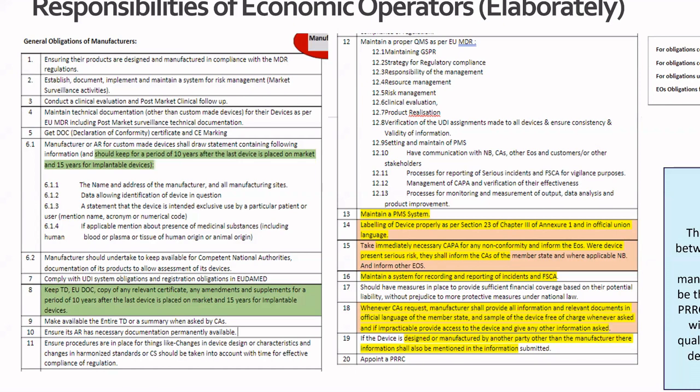Okay, if applicable, mention medicinal substances if something is added, or human blood or plasma tissue, etc. These are all requirements for custom-made devices. And the green font says all these documents should be maintained for 10 years for normal devices, and for implantable devices a minimum of 15 years. That means it applies to all economic operators except the distributor.